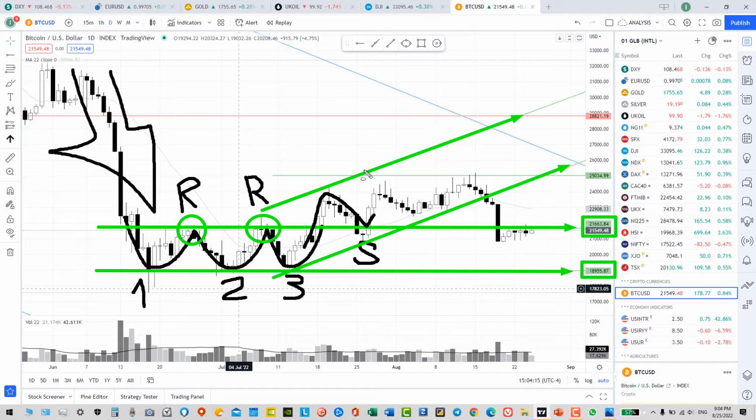First of all, it failed to make higher highs, first sign of weakness. Second sign of weakness, of course, it failed to reach the channel line. The third sign of danger, it broke down through the uptrend short-term line, and the final blow came with a great selling pressure candle called Mariposa, and it broke below the horizontal daily support around 21,600.